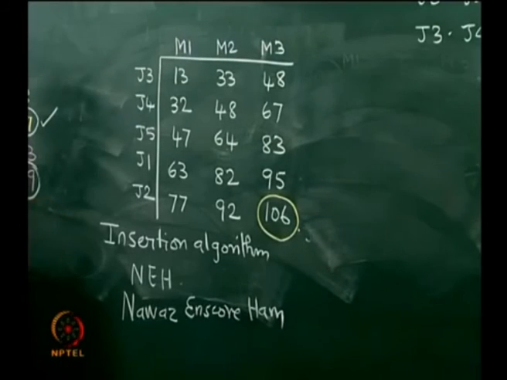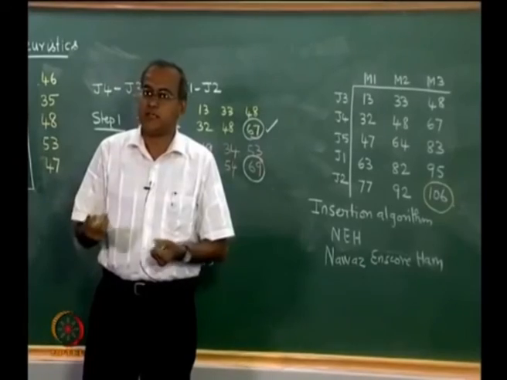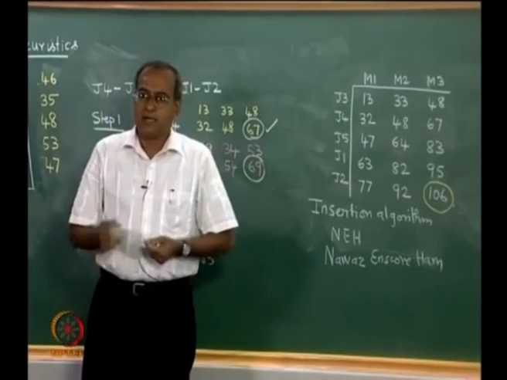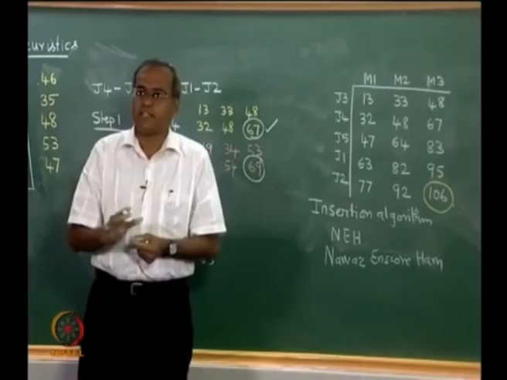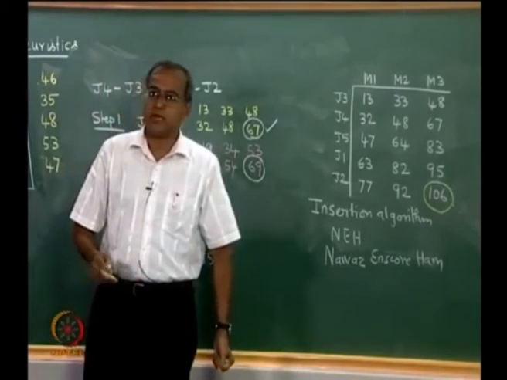Now this insertion algorithm is found to work very well for makespan minimization in a flow shop, and it has been shown to give on an average slightly better results than the Campbell, Dudek and Smith algorithm.